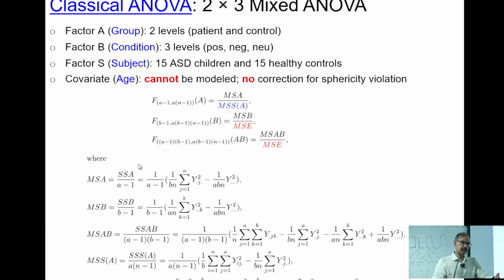And so in this case, the age is not really modeled for this study, and therefore we cannot do age-specific correction. So again, these are the different conditions, right? So this is the analysis, like the F statistics for A, and then we can find A minus 1.